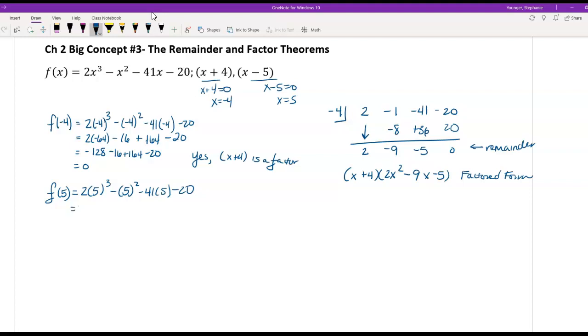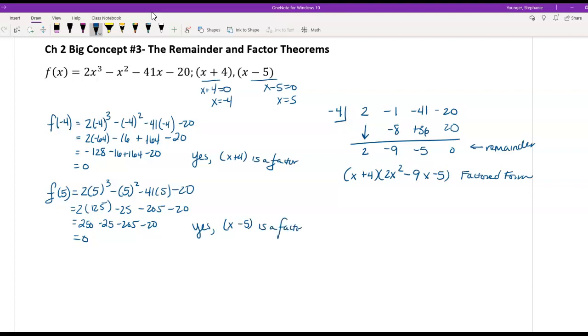All right, so we get 2 times 125 minus 25 minus 205 minus 20, which gets us 250 minus 25 minus 205 minus 20, which does actually simplify down all the way to 0. So yes, once again, this time x minus 5 is a factor.